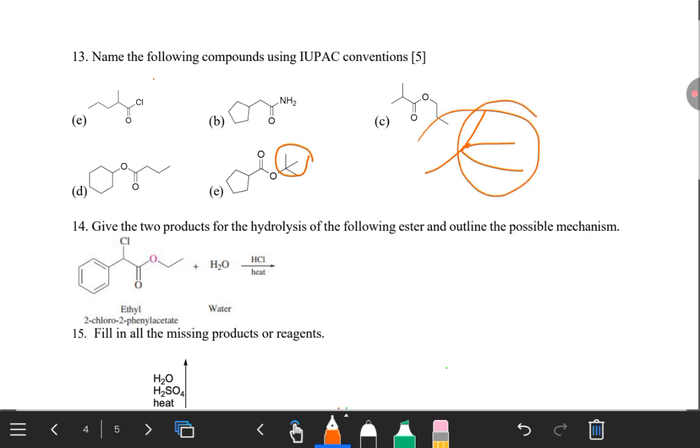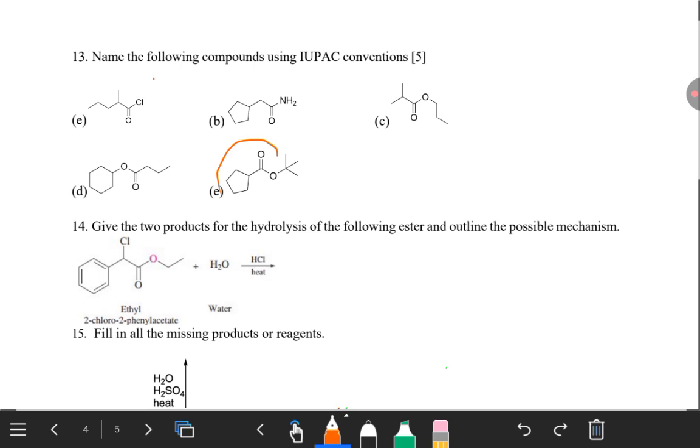This is a tert-butyl. Okay, so if we see something like this, this is a tert-butyl, and we can see that there is a cyclopentyl this side, but there's also an ester bond. So what can we say this structure is?